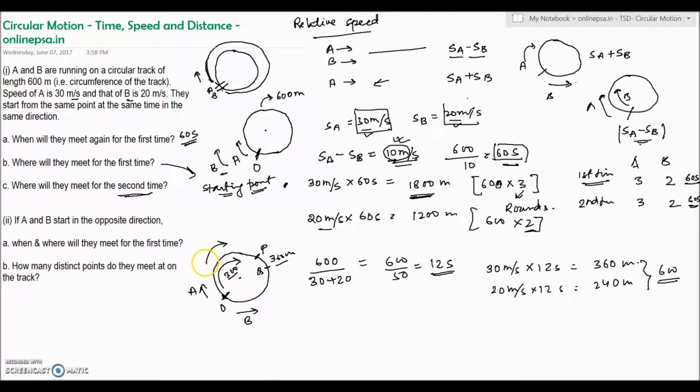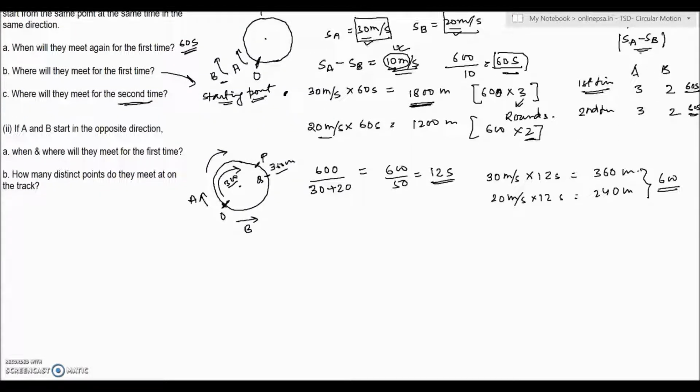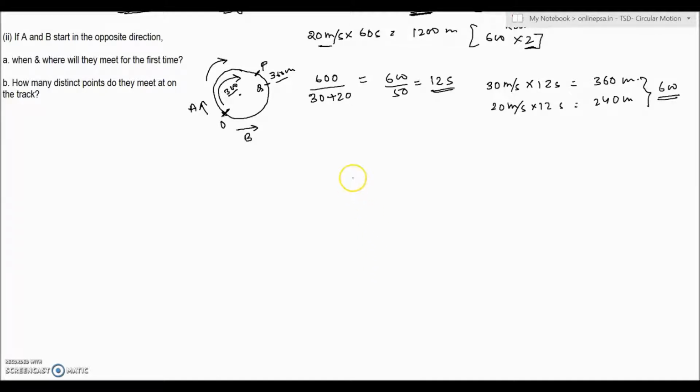And the next question is, how many distinct points do they meet at on the track? To understand the number of distinct points, let us get to a bigger diagram so that we can understand the point that I am trying to make. So consider this to be a circle.